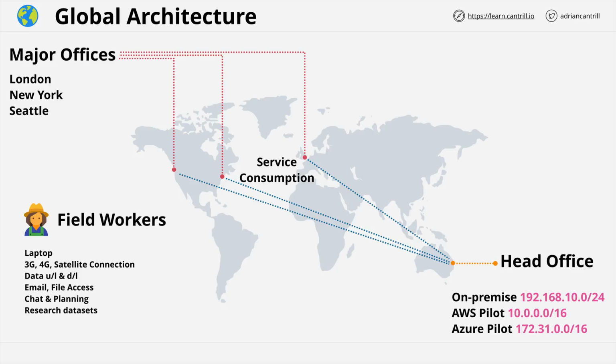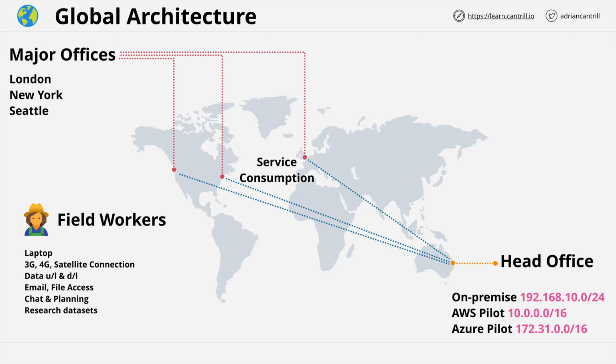We know that the organisation have field workers who are distributed globally, and so they'll consume services from a range of locations. But how will they connect to the business? Will they access services via web apps? Will they connect to the business networks using a virtual private network or VPN? We don't know, but again, we can ask the question to get this information.